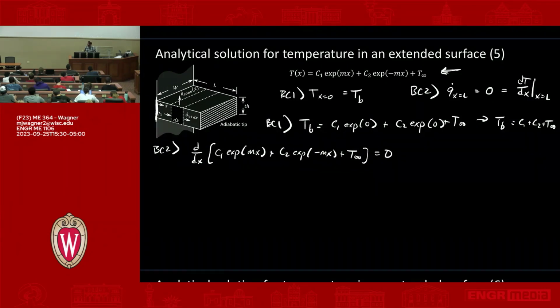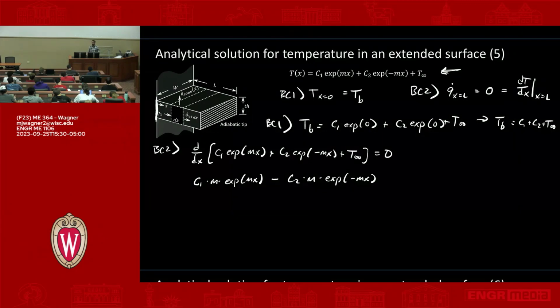Take the derivative of that, and you're left with C1 times m times exponential mx minus C2 times m times exponential minus mx. The T infinity goes away. And then we have to evaluate this at x equals L.